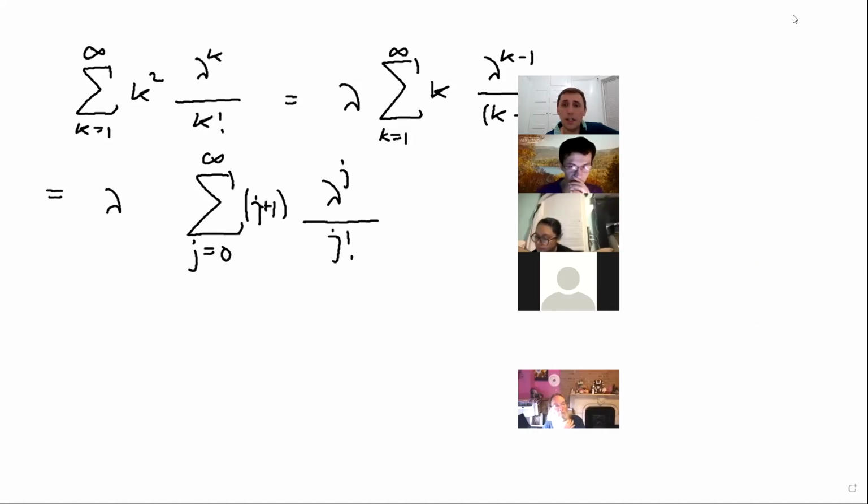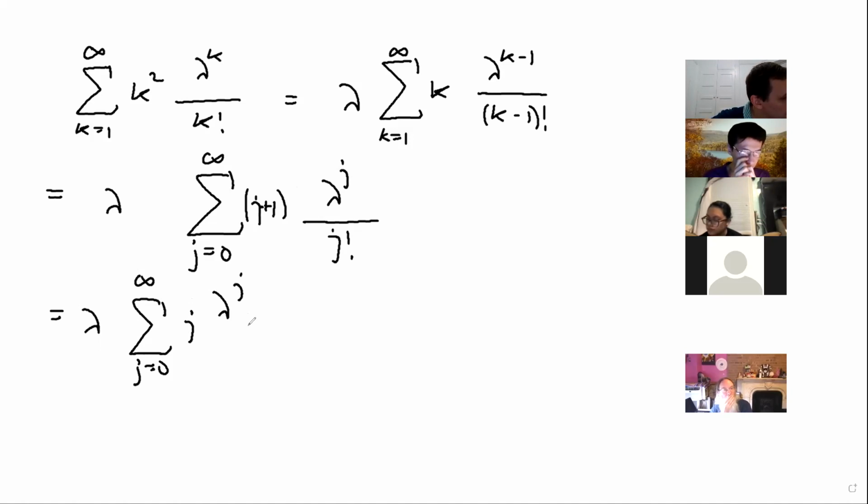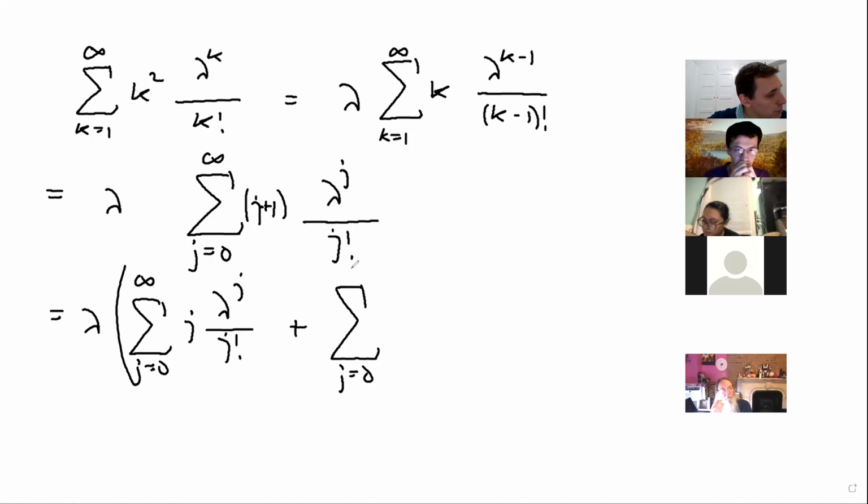And then I can distribute this expression. And what do I get? I get lambda times the summation j equals 0 to infinity of j lambda to the j over j factorial, plus the summation j equals 0 to infinity of lambda to the j divided by j factorial.